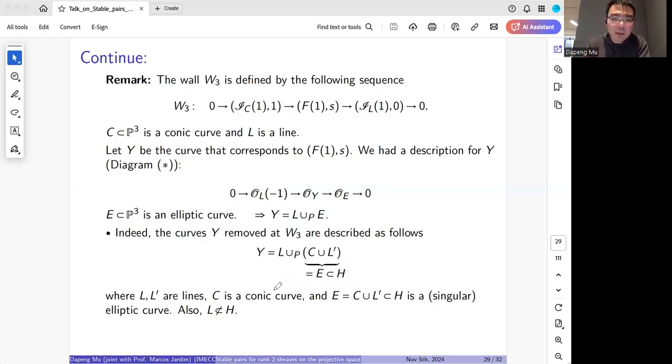But actually, it only kills a line union some very special cubic curve, where the cubic curve consists of a conic union a line. You only remove the singular one, not a general smooth cubic. Okay, so this is what I want to say. So we have a common example of this previous criterion.